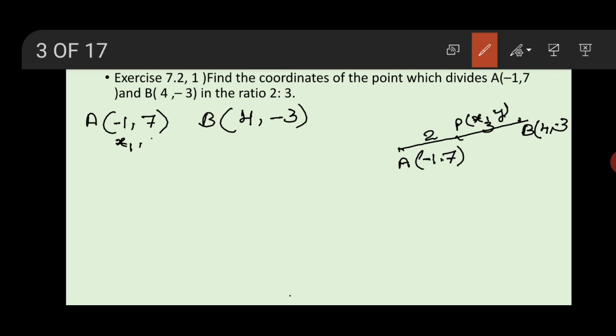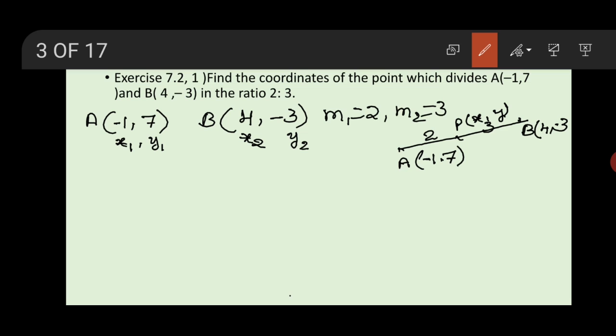Now write down, this is x1, y1, and this is x2, y2. Now we have to find, and M1 is what? M1 is 2 and M2 is equal to 3.